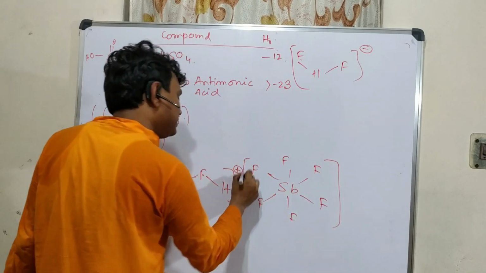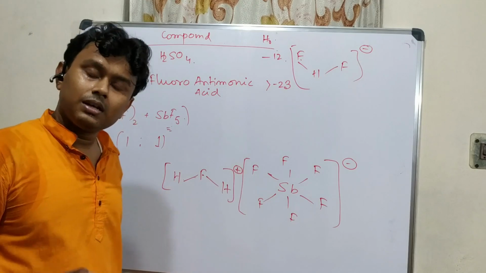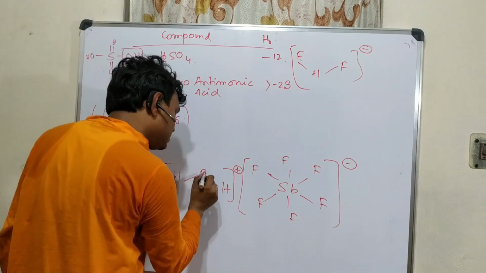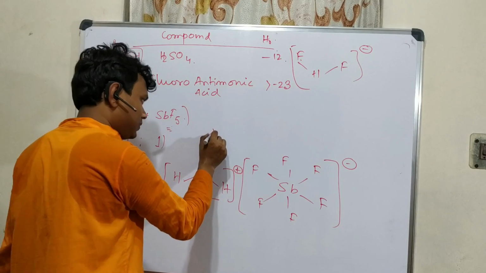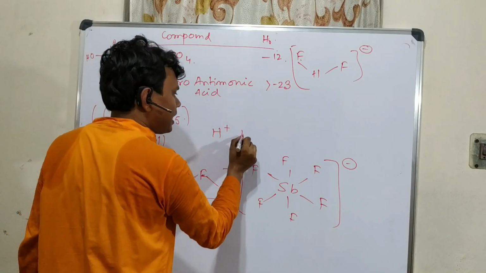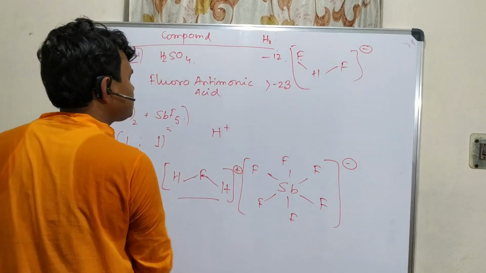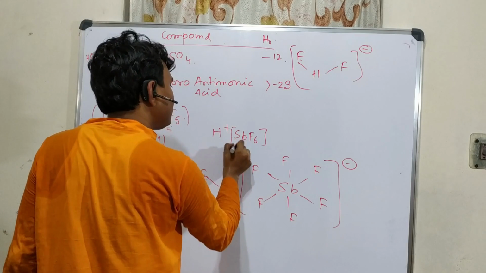Okay, you know that this antimony is stabilized due to the 6 fluorines, that's why it is F minus. I have explained the stability of this also, but the question is why it remains in this way. It should have remained as H plus and SbF6 minus. Why not this?